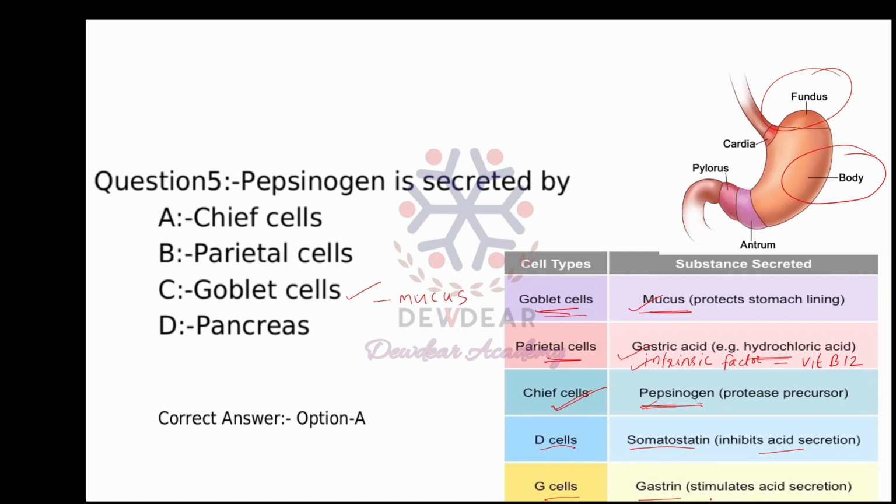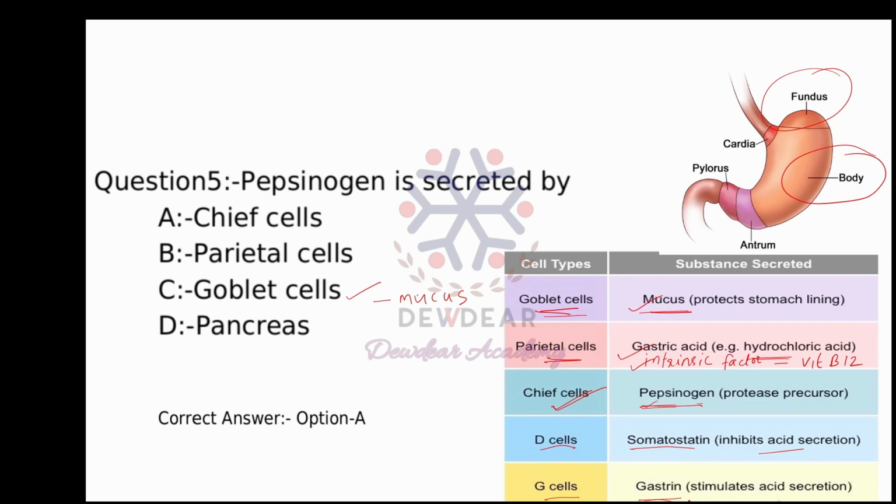G cells are the other cells found in the stomach, secreting the hormone gastrin into the bloodstream. This hormone gastrin stimulates the parietal cells to produce hydrochloric acid, and thus it enhances stomach motility.